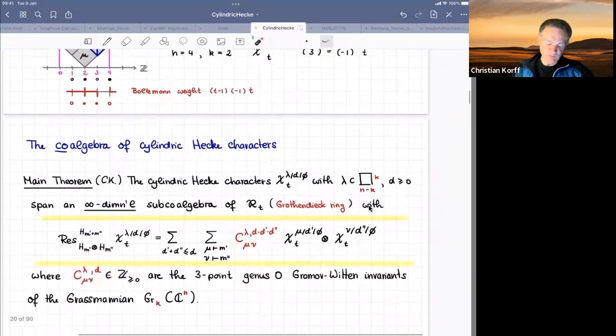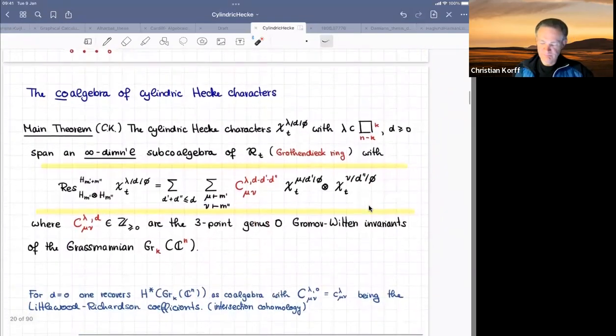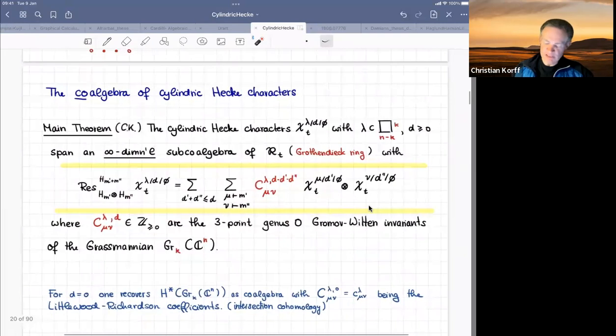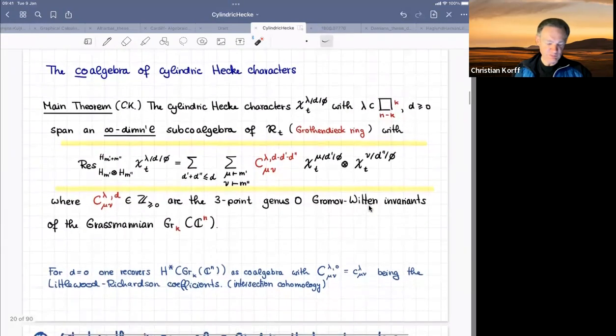I'm jumping over this bit because I want to come to the punchline. I'm also mindful of the time. So the main result is then that the cylindric Hecke characters, which I have introduced by simply imposing these periodic boundary conditions, form a closed subcoalgebra under this coproduct which we had before, which is just the restriction function.